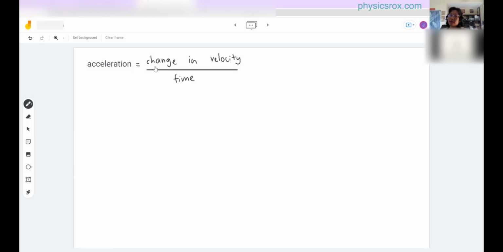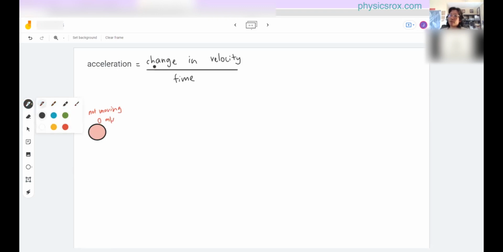That means not two objects, the same object. Let's say you have one object that is moving. At first it's not moving, so the speed is 0.